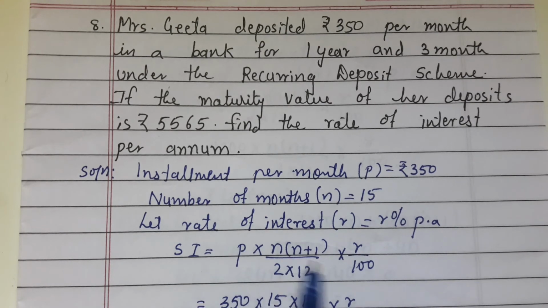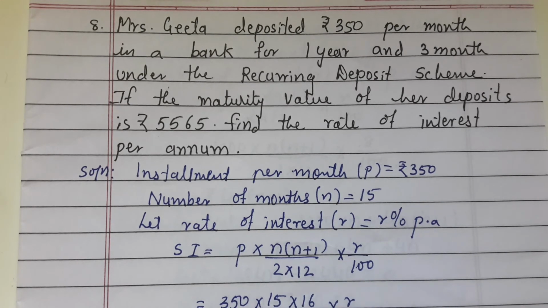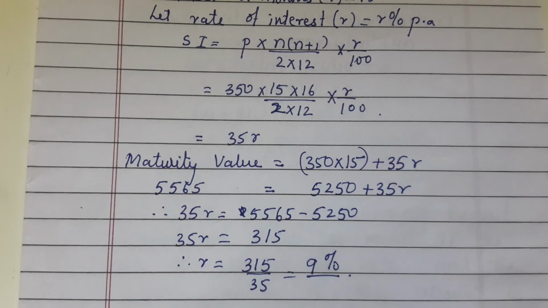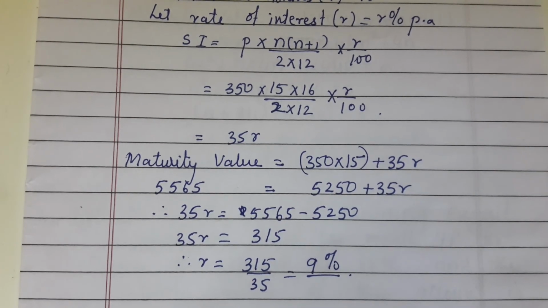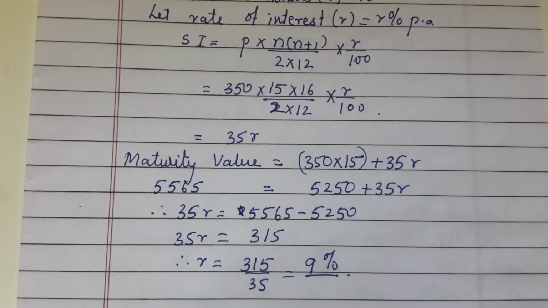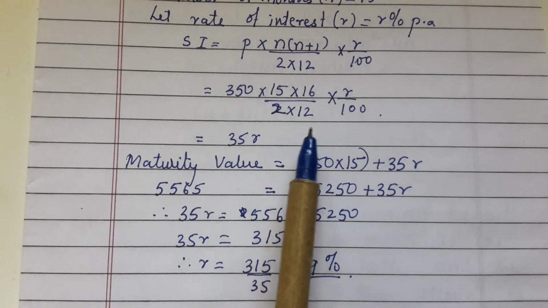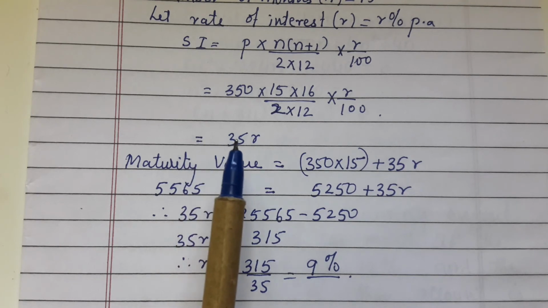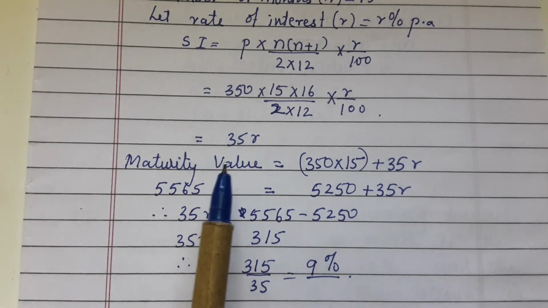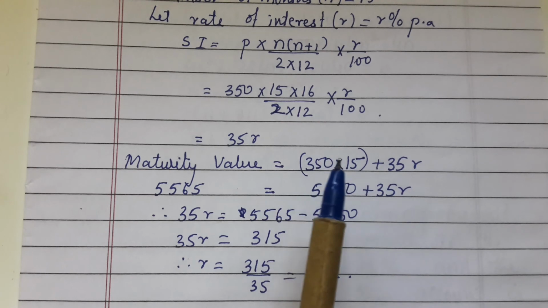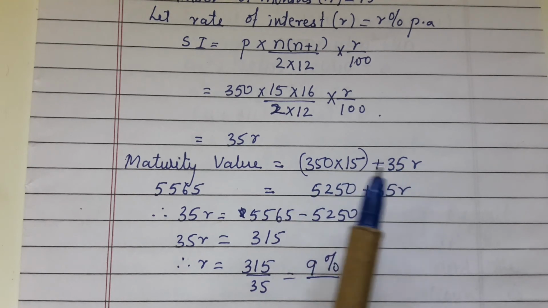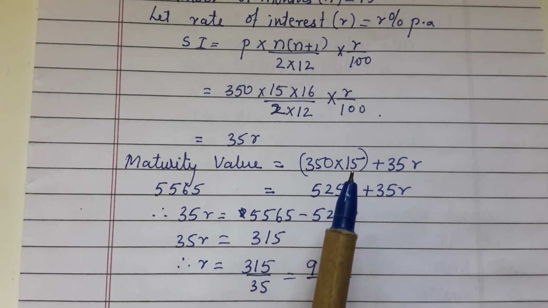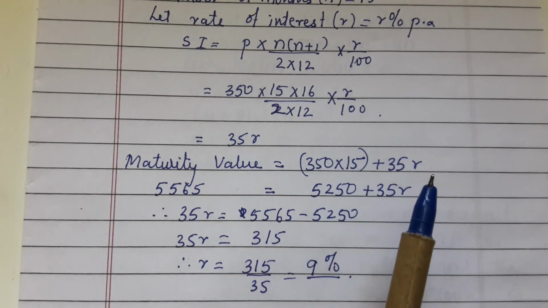Simple interest, write the formula, is equal to P into n into (n plus 1) upon 2 into 12 into R upon 100. That is equal to 350 into 15 into 16 upon 2 into 12 into R upon 100. Interest is equal to 35R. Maturity value is equal to P into n plus I, 350 into 15 plus 35R.